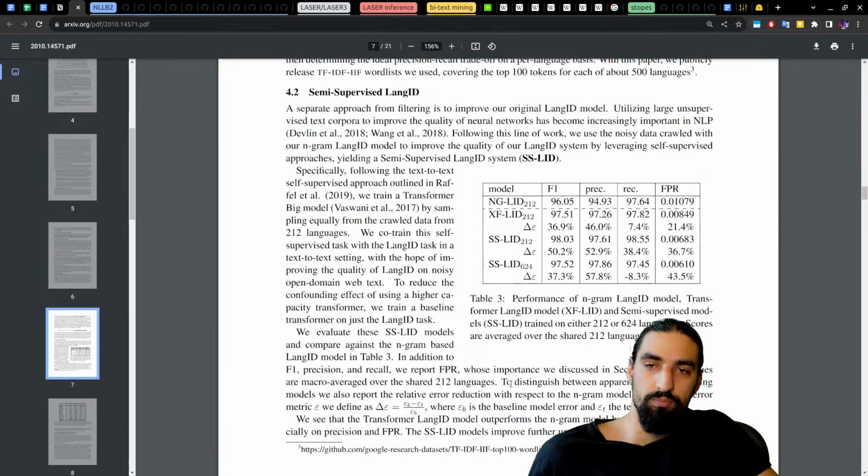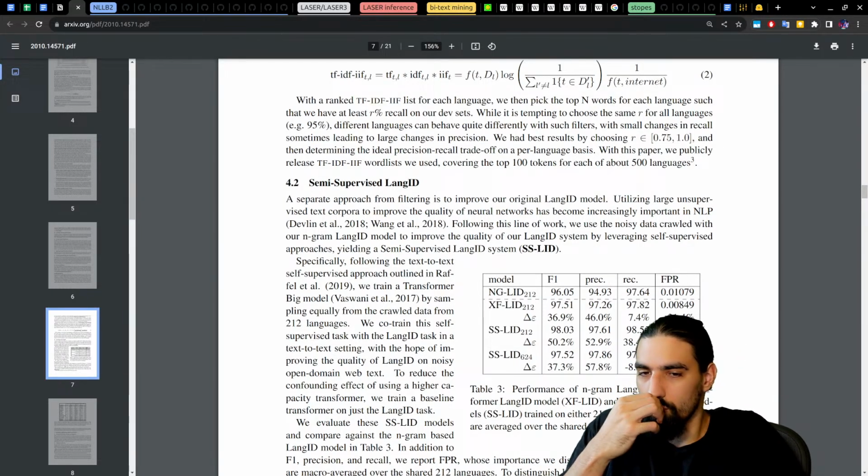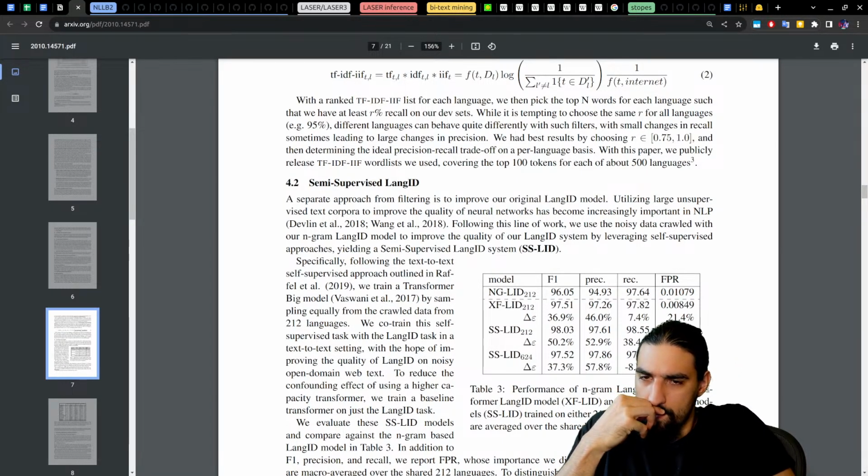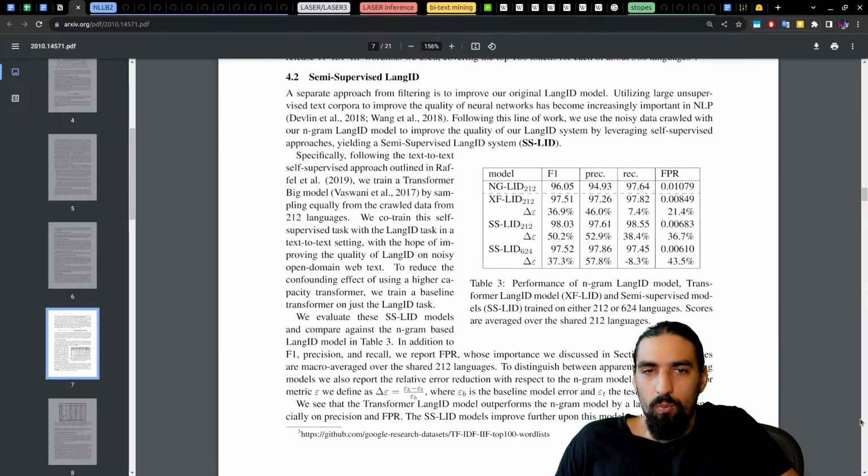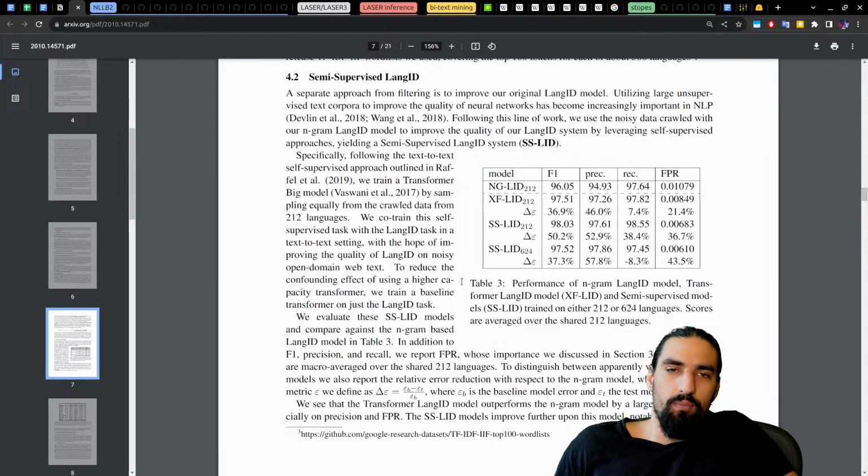What did they do with these models? Pulling the text to text.